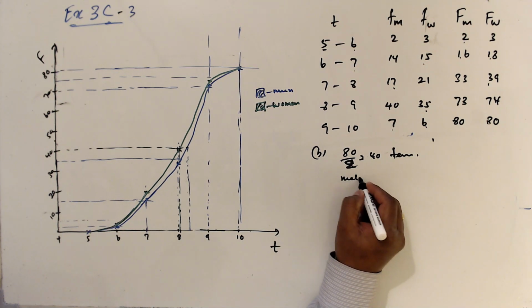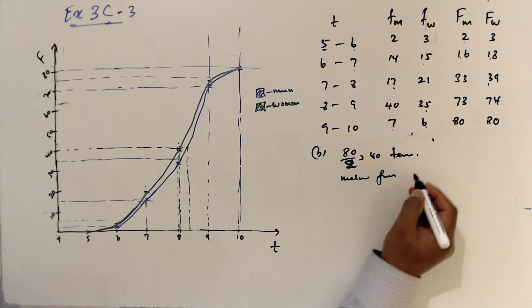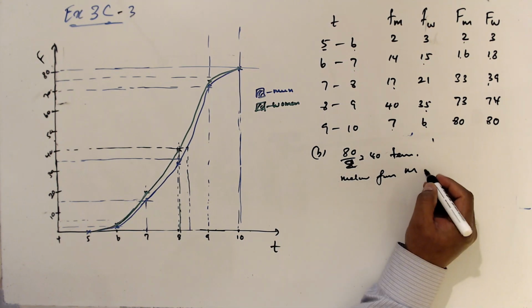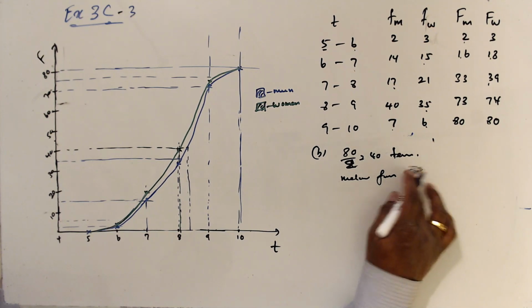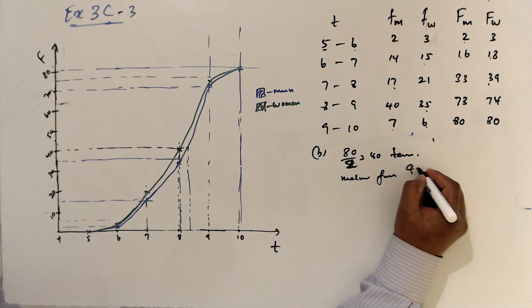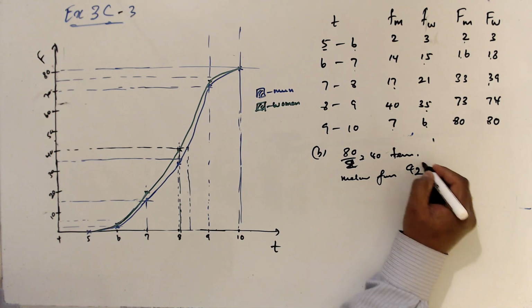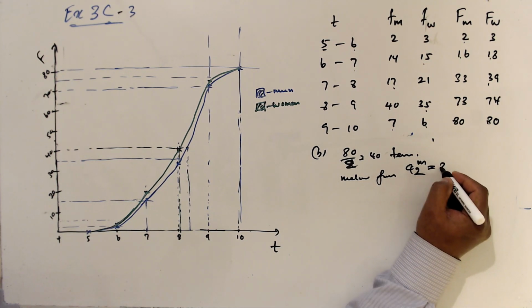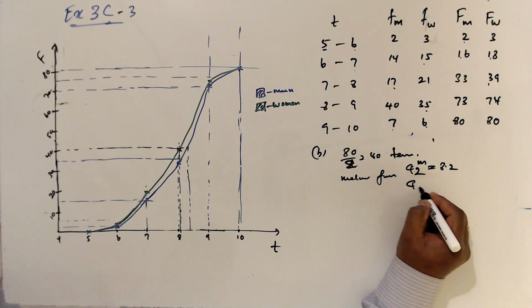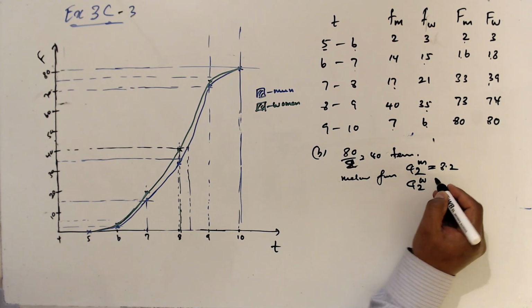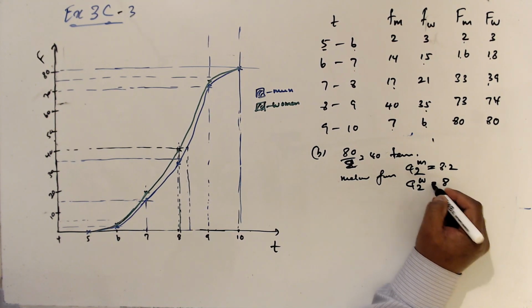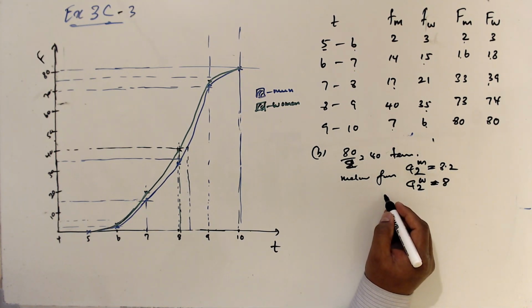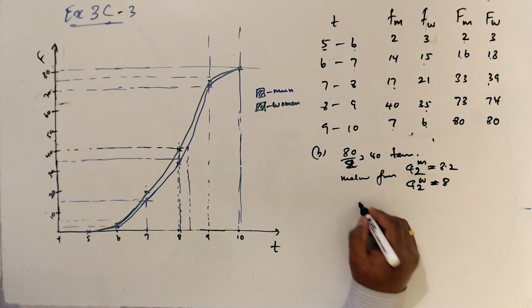So the median, let's say Q2, for men is 8.2 and Q2 for women is 8 approximately. Hence, women have the lower median.